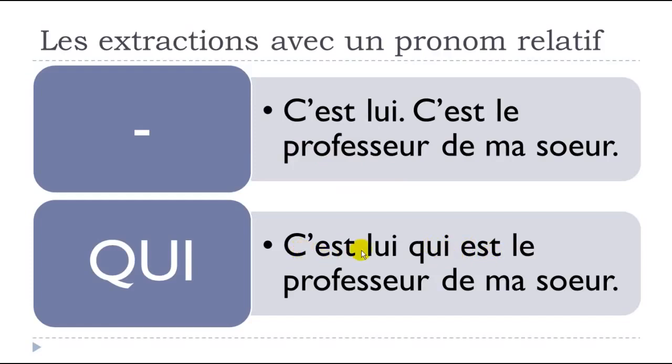So c'est lui qui est le professeur de ma sœur. You can see that instead of having two sentences, you just make one by combining these two sentences using c'est, and after that you will use this pronom relatif qui. So it does work if it's the subject.